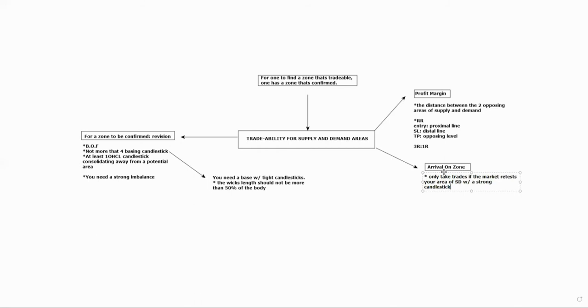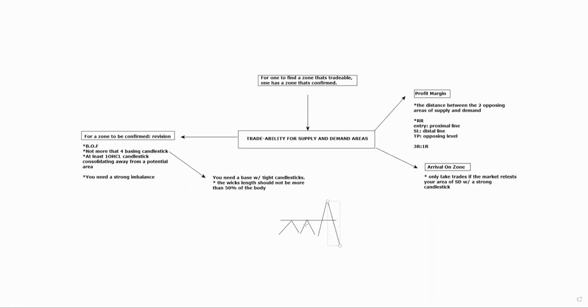Often, when you see a lot of candlesticks stuck at a specific point, on a lower time frame, it's just looking for an area where it can take liquidity.